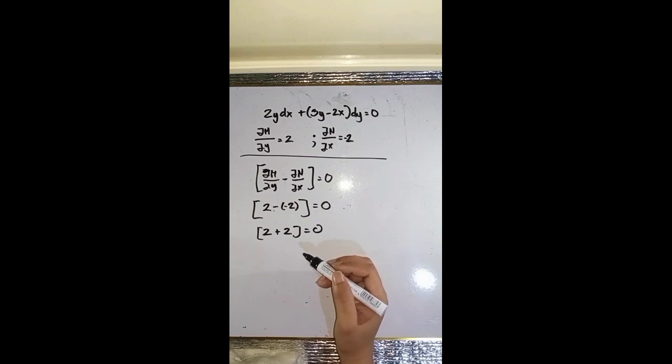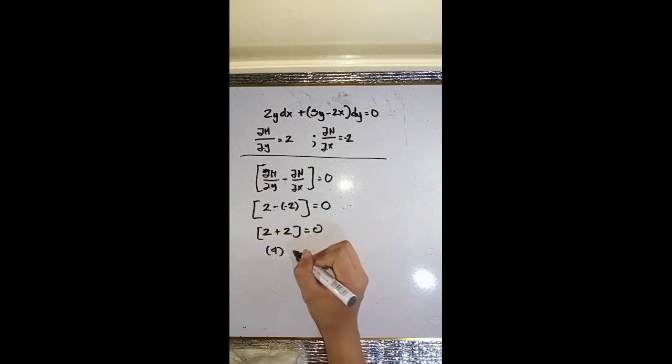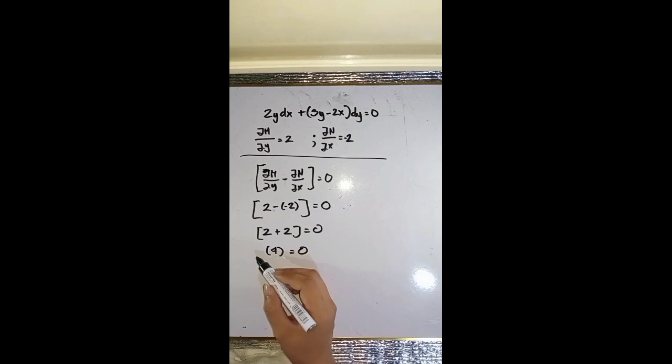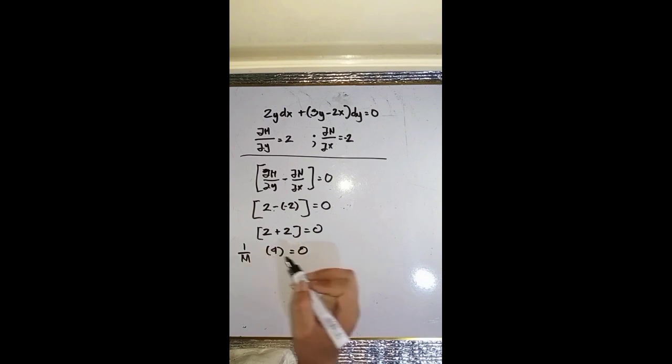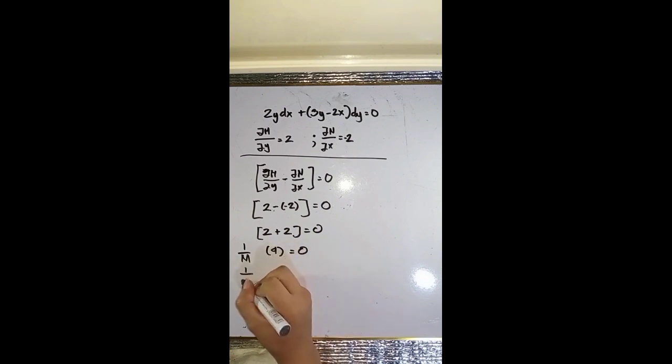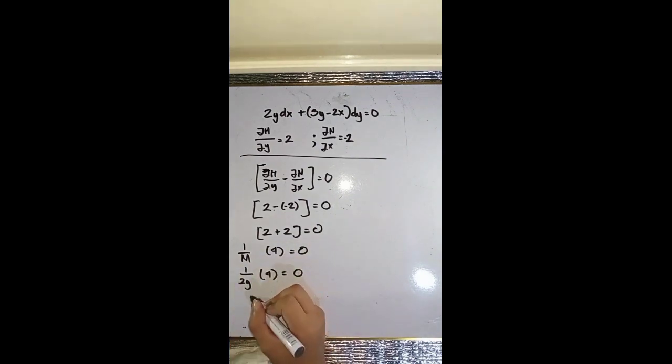So 2 plus 2 is equal to 4, and we're going to use the second case, so 1 over M. We're going to substitute 1 over 2y multiplied to 4, so the resulting value will be 2 over y.